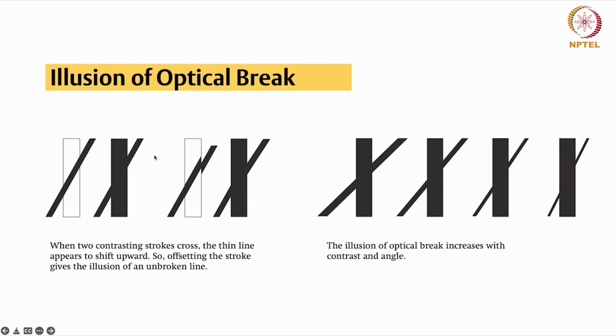So offsetting the stroke gives the illusion of an unbroken line. In the second example, this has been shifted, and if you look at this form, it looks very awkward, and it is also not going in one direction. But when you fill the thicker strokes also with the same color, you will find that it appears to move smoothly, and because of that the counter has also been balanced.